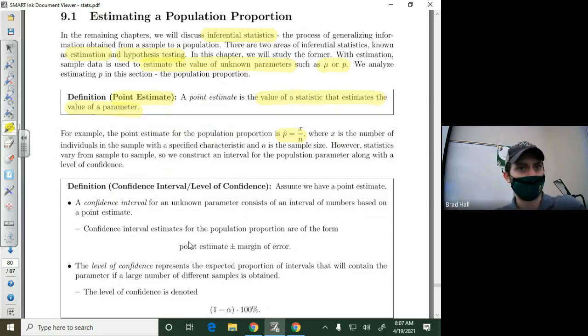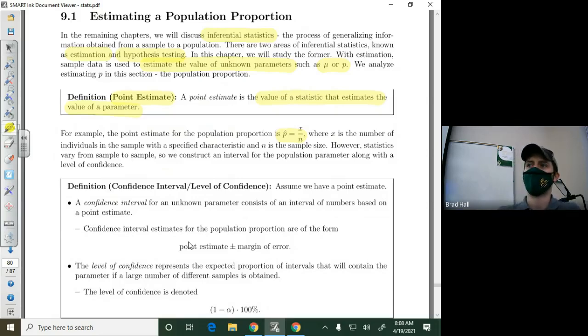But if I go to nursing and do it for one of their classes, it's going to be predominantly females. So these might not be very strong indications of generality because there's all this variability, as in statistics vary from sample to sample. So really, we don't want just a singular number, a point estimate, but rather we want an interval that sort of encapsulates possible values that we could get.